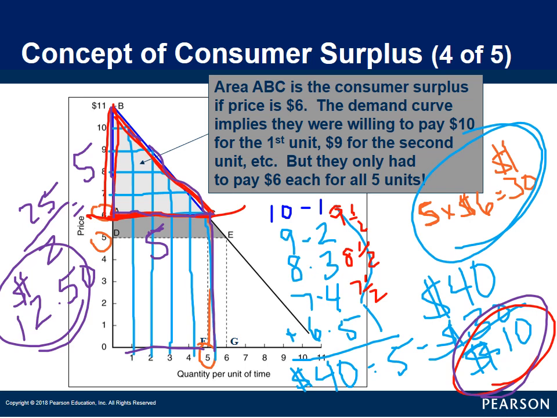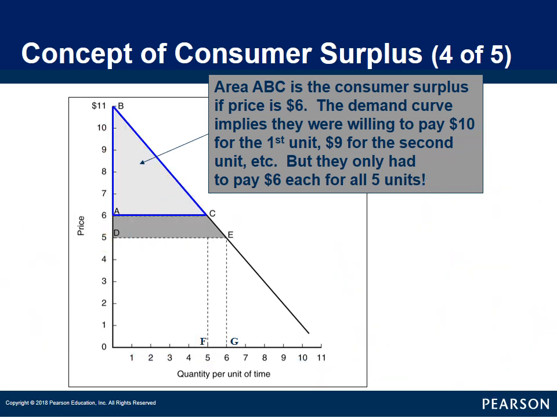Okay, I'm going to erase all of this, and we're going to look at by how much the consumer surplus would change if we decrease the price of hamburgers from $6 to $5.